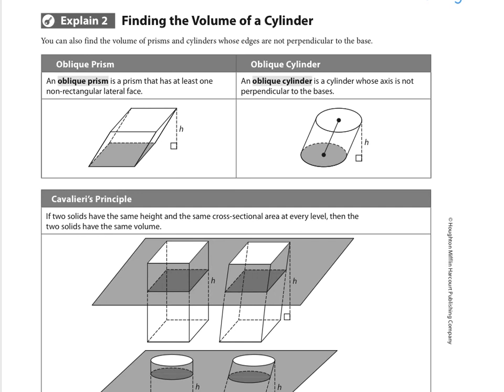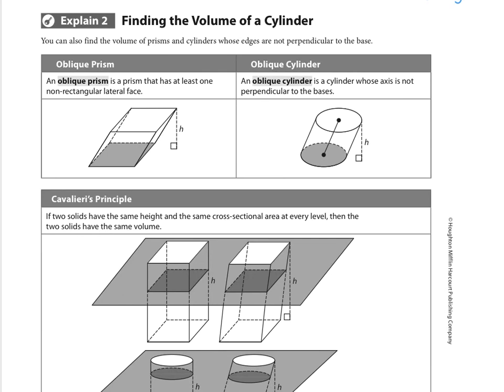But I think a better definition is pretty straightforward by looking at the diagrams. It's basically a cylinder or a prism where you take the structure and slant it to the side, okay? What we need to know though is that the solids would have the same exact volume so long as they have the same cross-sectional area.